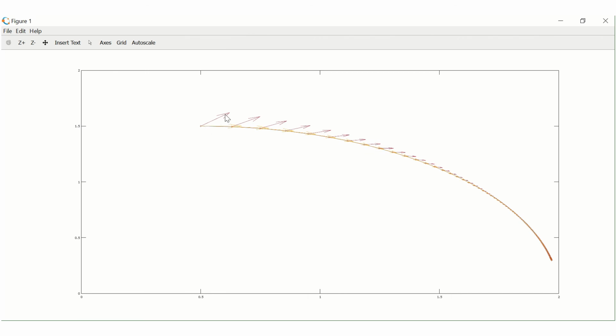And the arrow in red is the acceleration. This is acceleration actually with direction, as you can see. If you want to find the magnitude, then you have to take the absolute value of the acceleration.